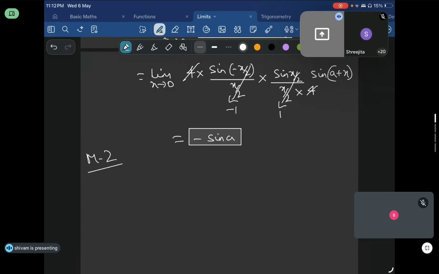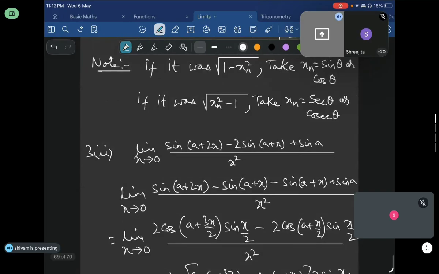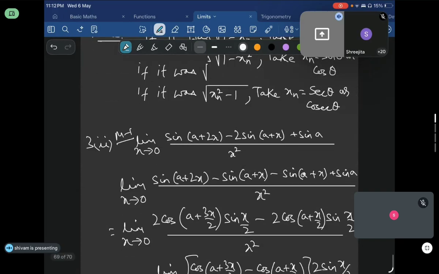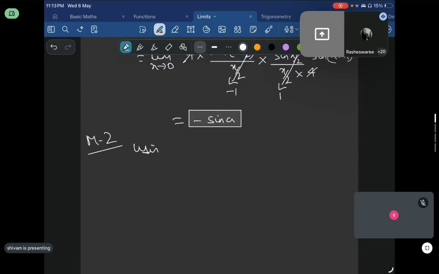If you are unable to think about this method, I've got method 2 also. This was method 1, method 2. Can you show question 3 part 3 once, please? Which one? Question 3, I'll say the question.